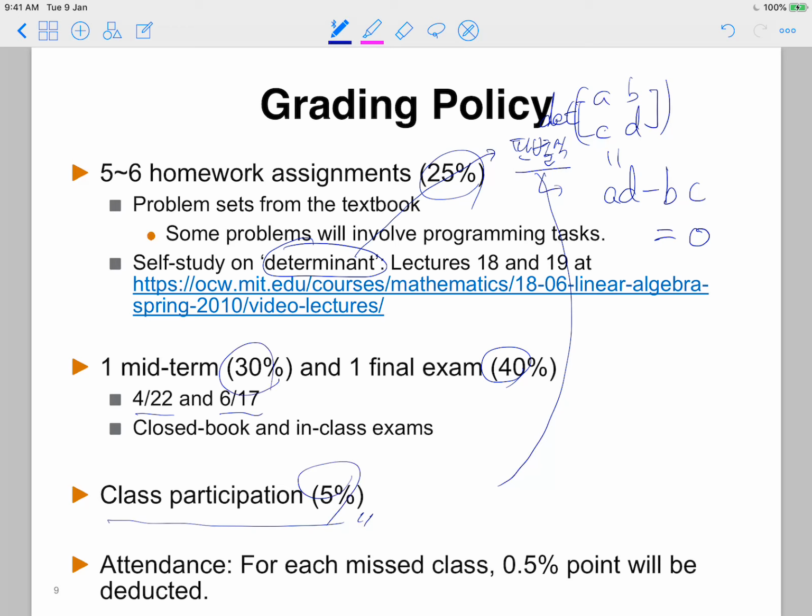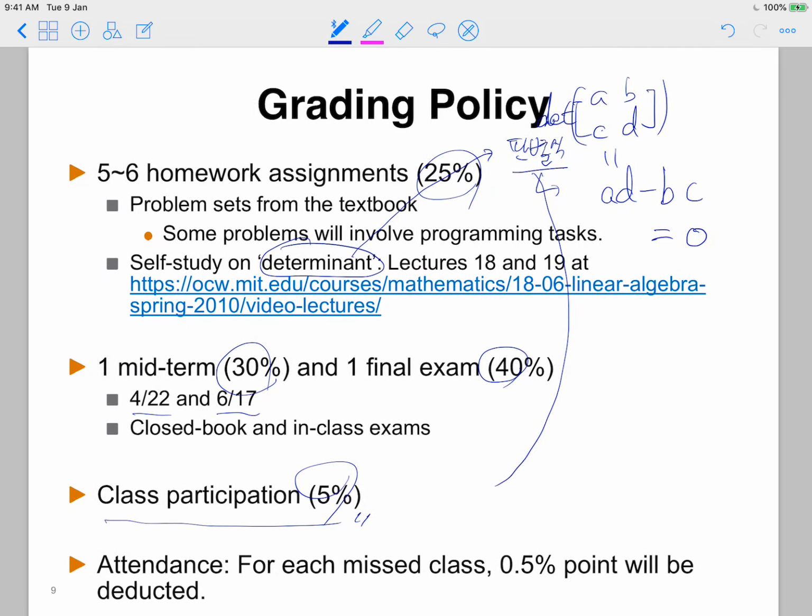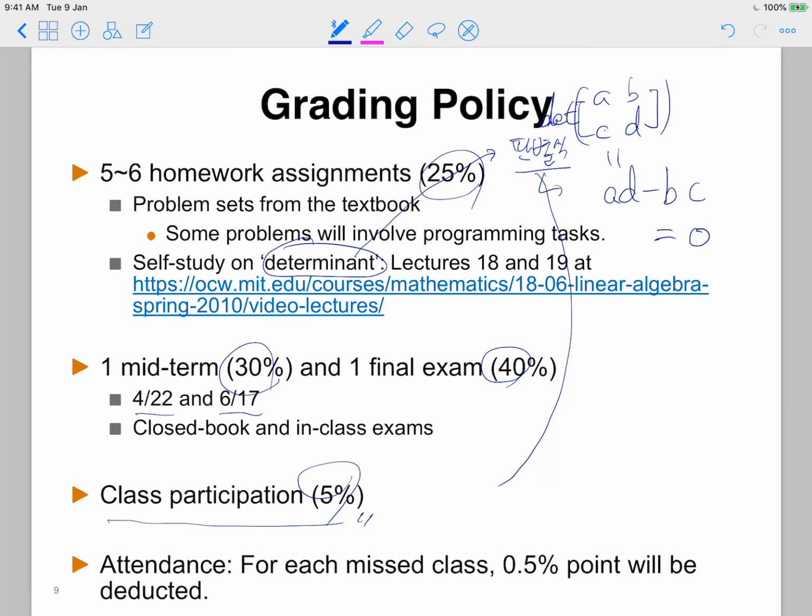If you miss two classes, you will get 1 percentage point lower than your original grade. And also you will get a higher chance to get called for your attendance checks.